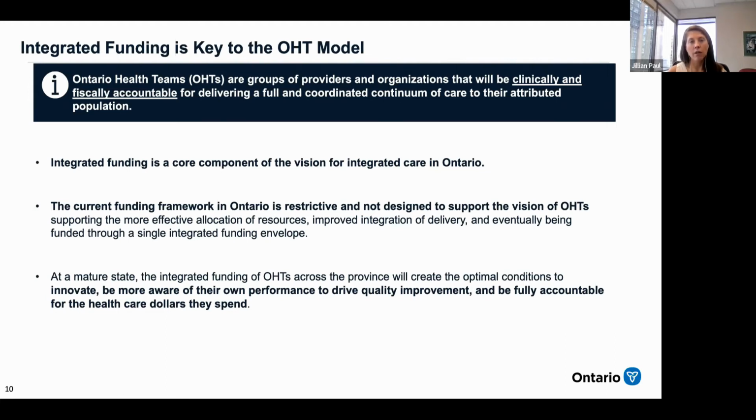So data around performance and expenses has really been, from our perspective, an important support and is the foundation that teams have needed to understand more about their populations and the dollars that they spend on them. And at a mature state, we know that integrated funding of OHTs across the province will create conditions to innovate, be more aware of their own performance to drive quality improvement, and be fully accountable for the healthcare dollars that they spend.